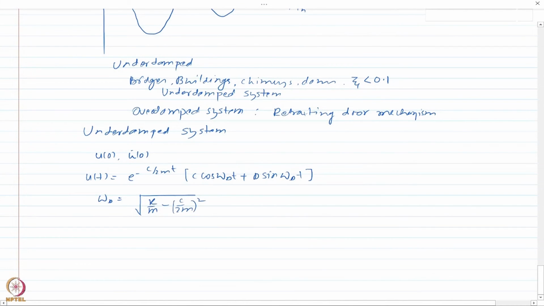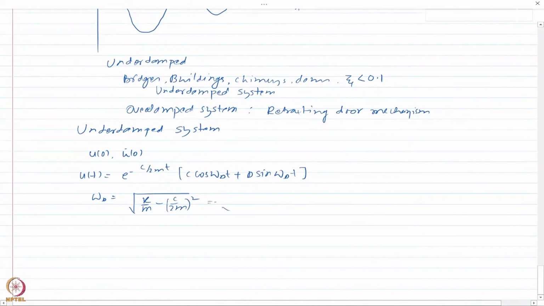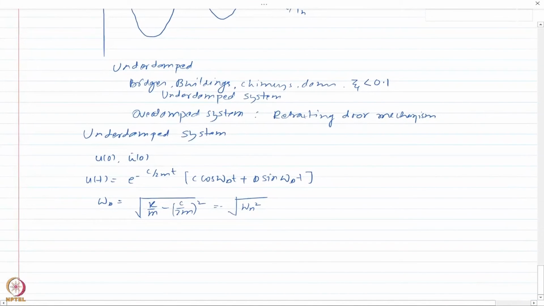And I know my k by m is nothing but omega n square. If you remember, I defined c by c critical as zeta, and my c critical was 2m omega n. So c by 2m I can write as zeta omega n, so this becomes zeta square omega n square. So I can take omega n outside the square root and I'm left with this quantity here.